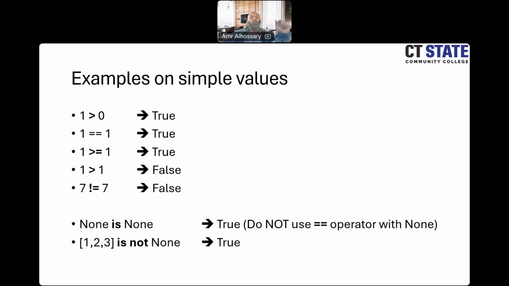A sequence 1, 2, 3, when you compare it to None, it's an object, and of course there is something. So None, we said earlier, represents null. So an object is not null. So this is also true. And again here we use is not to compare with the value None.